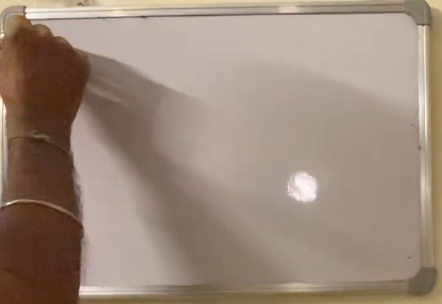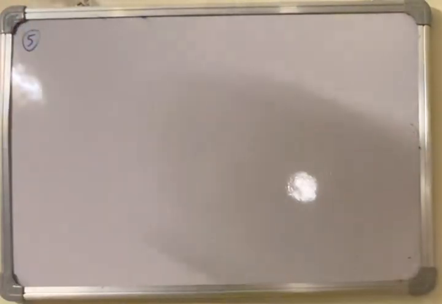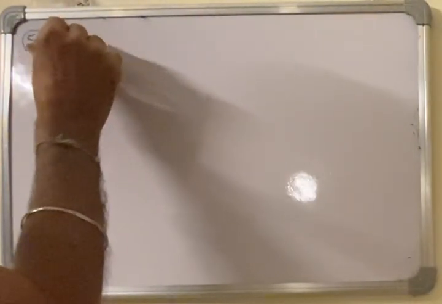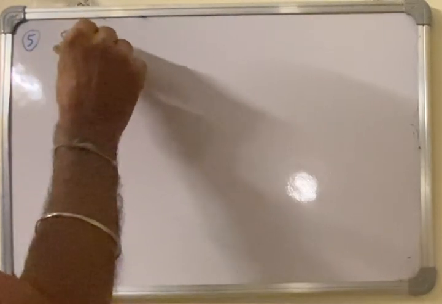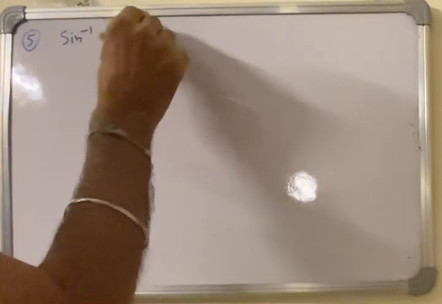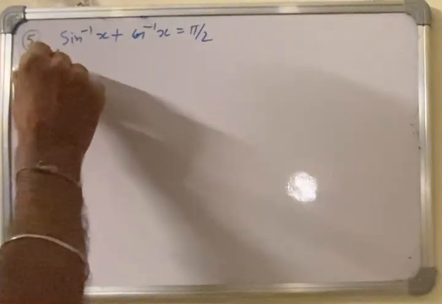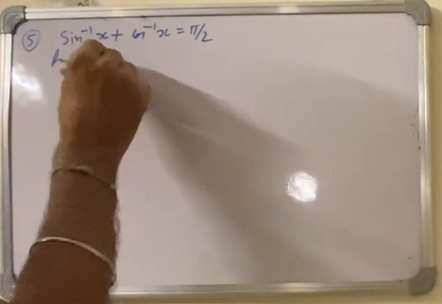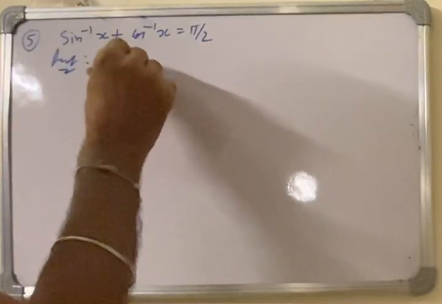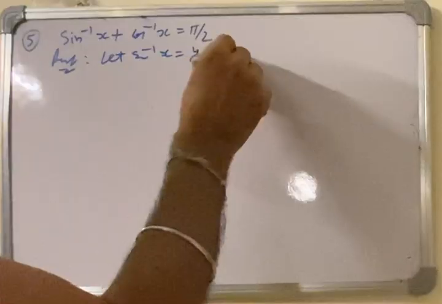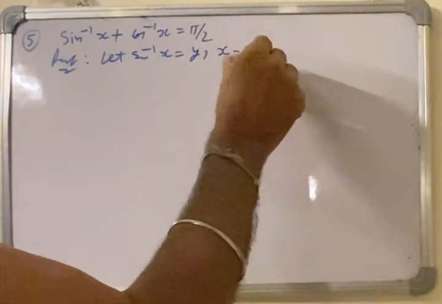Now we shall take a further property, number 5: sin inverse x plus cos inverse x is pi by 2. Prove: let sin inverse x be y, so x is equal to sin y by definition.